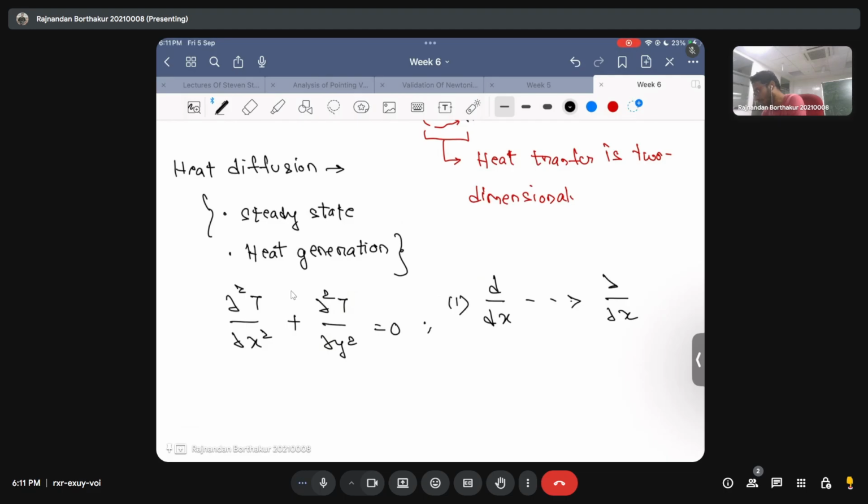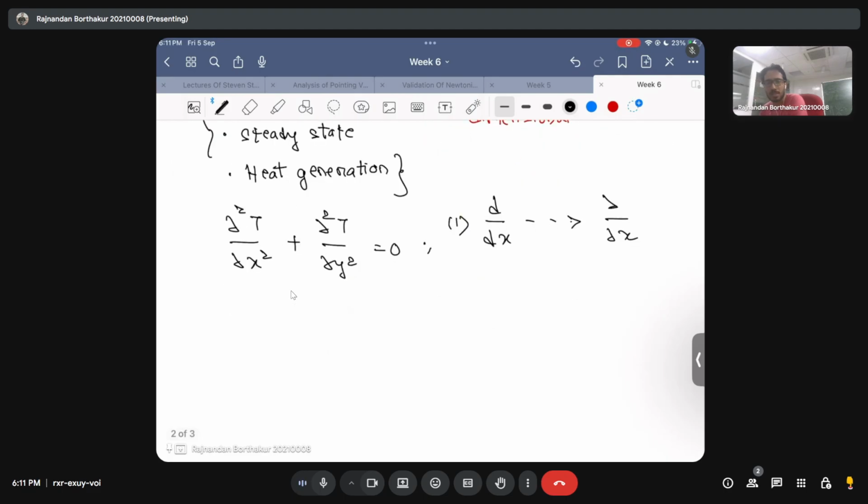And we can also write this equation, which is this heat diffusion equation written for the spatial case when there is no heat generation and a steady state phenomenon, as an operator which is known as the Laplacian, del square T equal to 0, where this del square is known as a Laplacian operator.